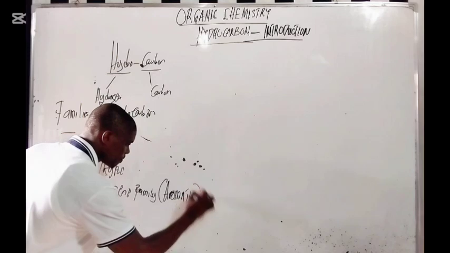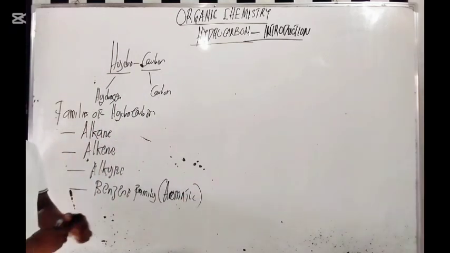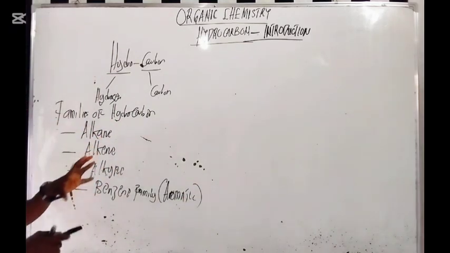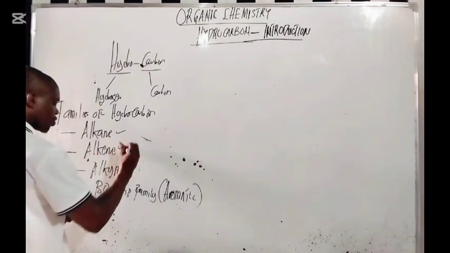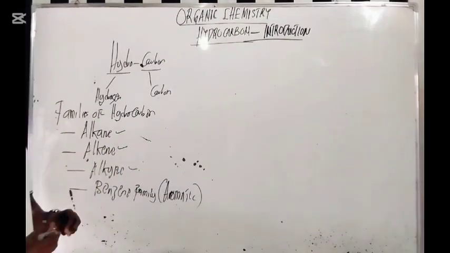So there are things you need to know. In each of my videos under hydrocarbon, you're about to study one of them. I want to study them one after the other.